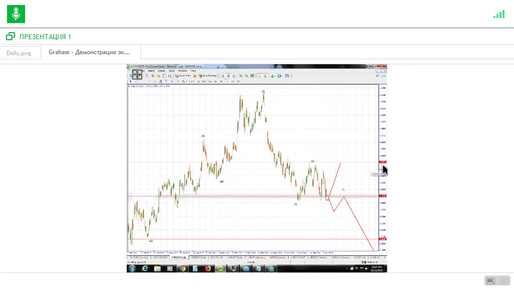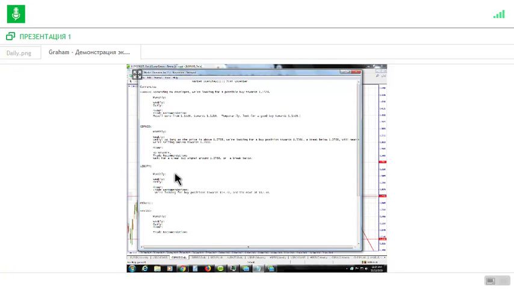So as long as we are above 1.2768, we are actually looking for a buy towards 1.3301. But on the other side, should the price go below this one, then we wait for price to come back to the same place here, then we sell it with a take profit around 1.2100.